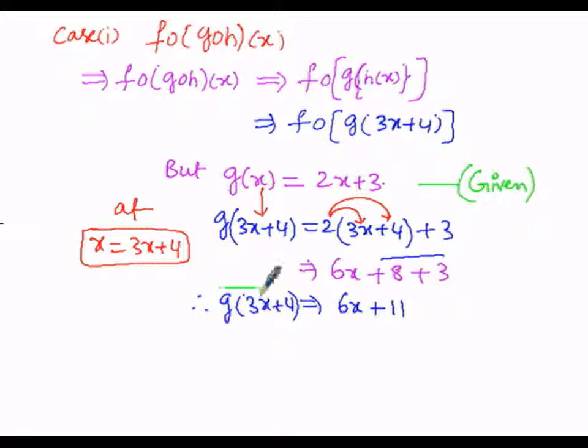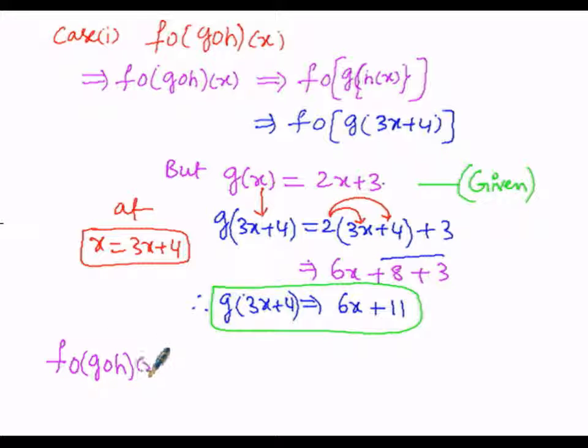Now this must be substituted in this function, that is f of g of h of x is equal to, we got on the right hand side, f circle g of 3x plus 4.